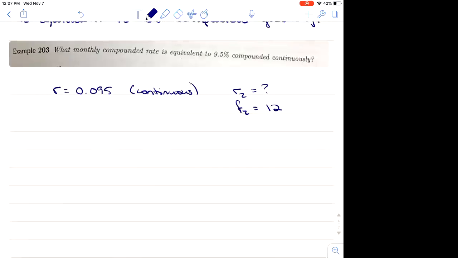Because we've got that continuous compound, we have to use a special case. So I2 is e to the r over F2 minus 1.